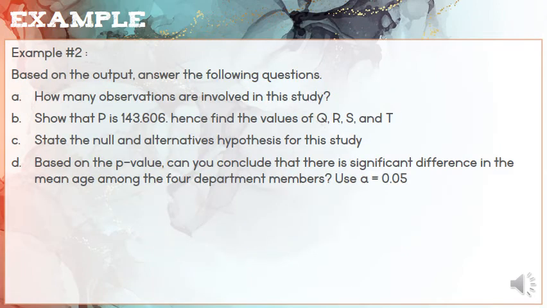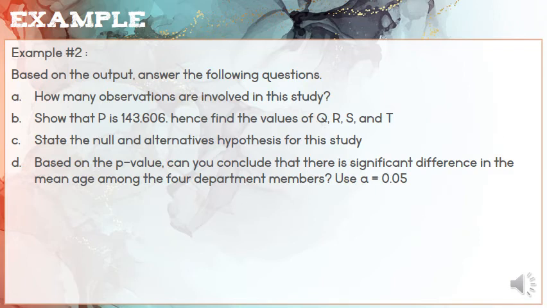Okay, so based on the output, answer the following questions. It asks how many observations are involved, show that P is equivalent to 143.606 and hence find the value of Q, R, S, T, state the null and alternative hypotheses, and then based on the p-value, conclude.